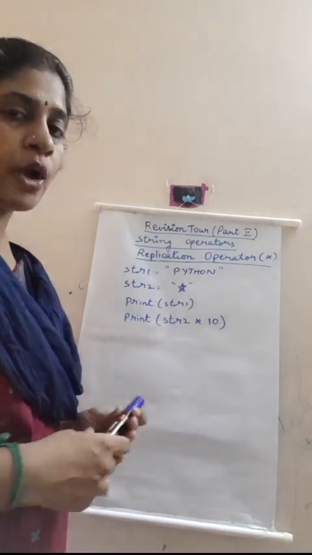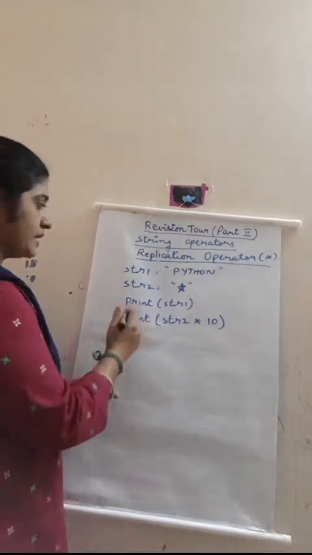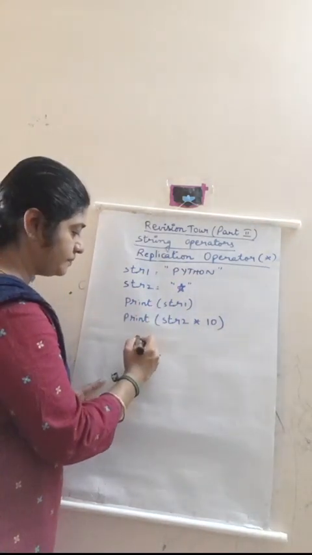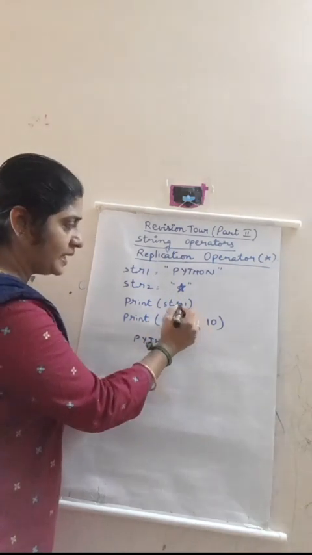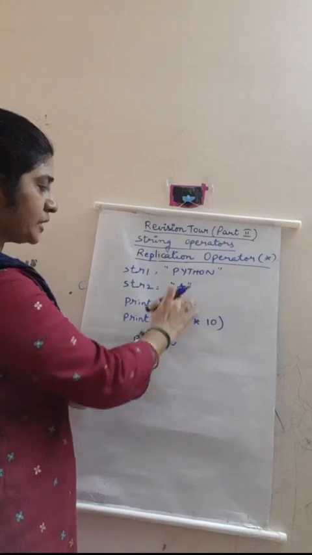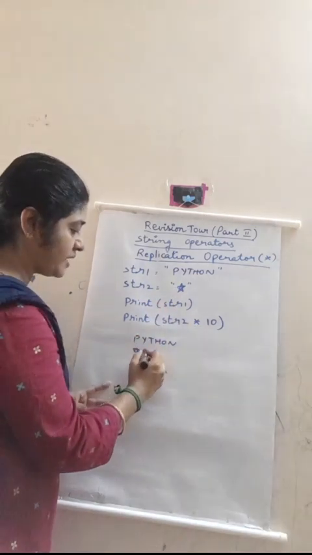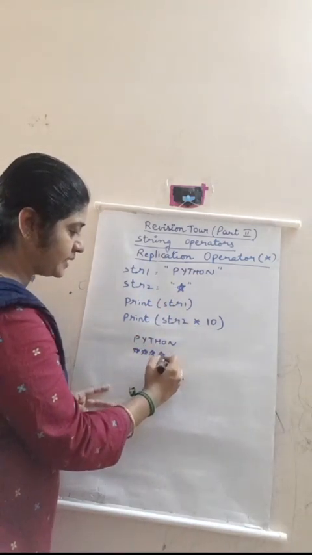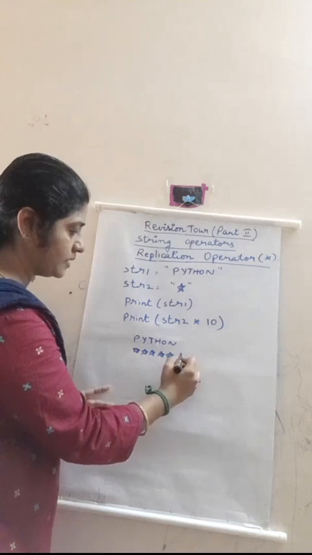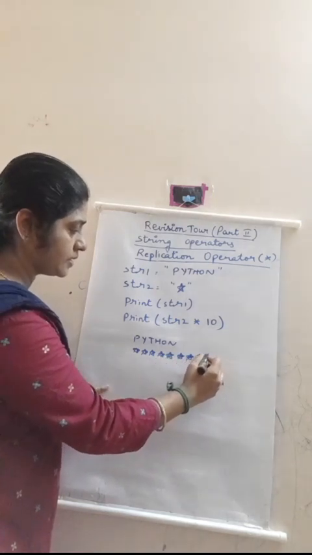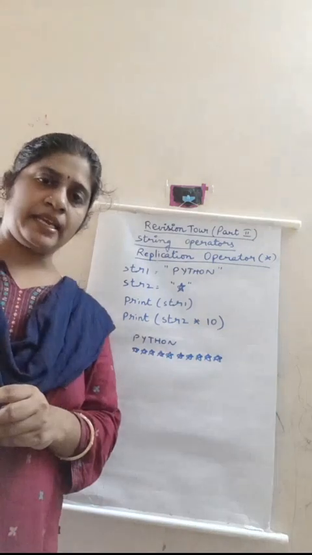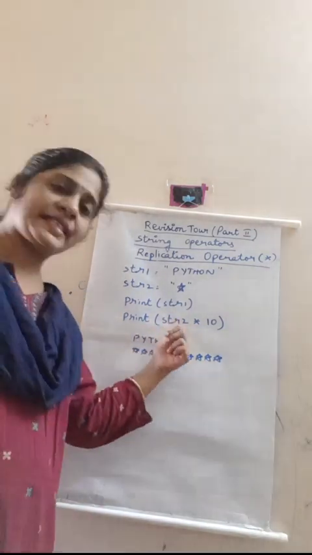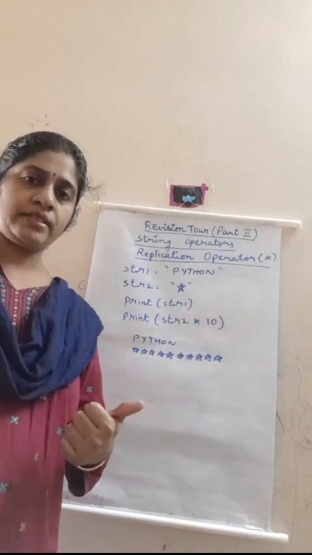Now what will be the output of this simple program? First it will print Python, and then it will display the string 2 asterisk for 10 times, like this. That is, it will repeat string 2 for 10 times.